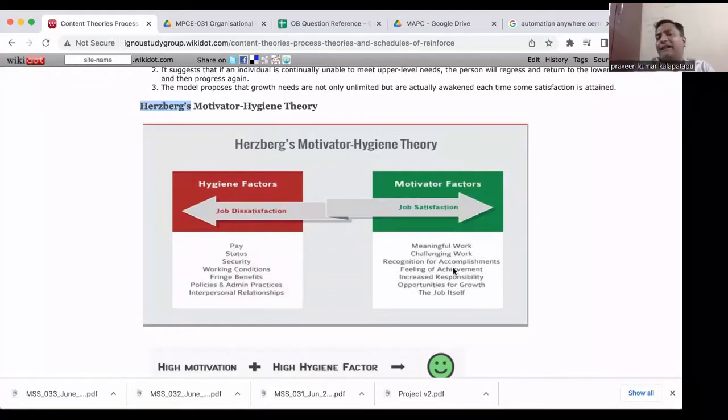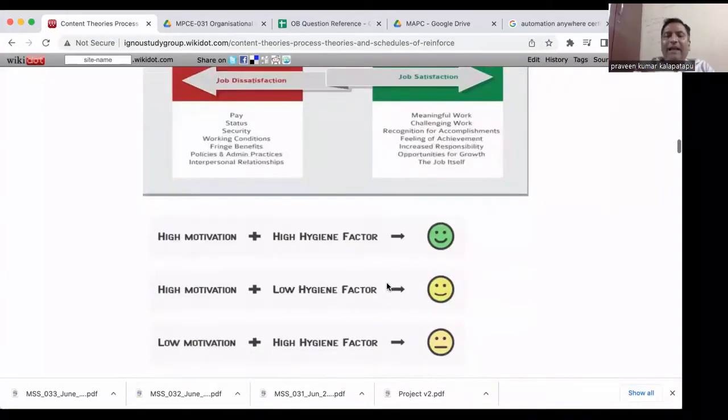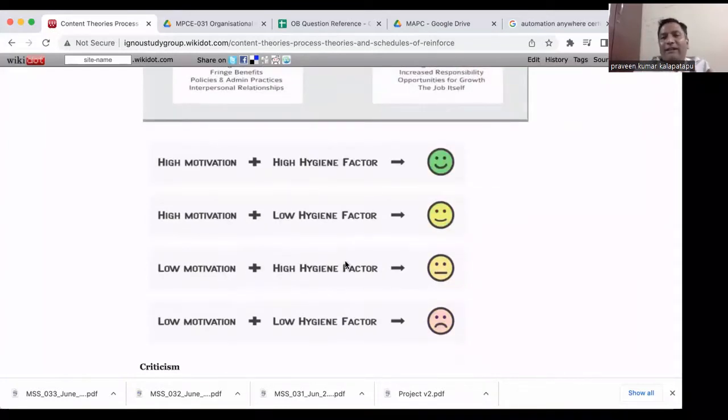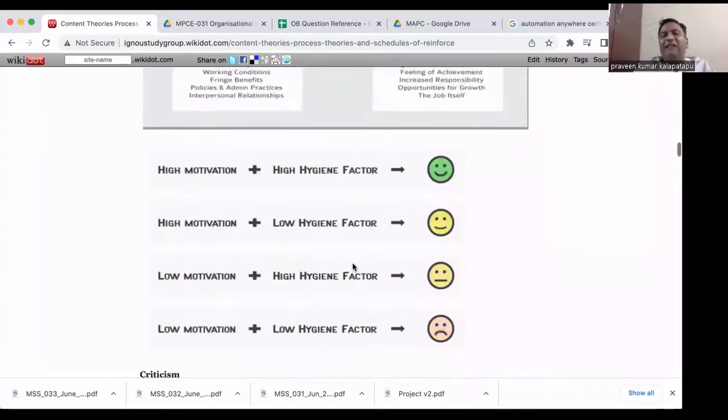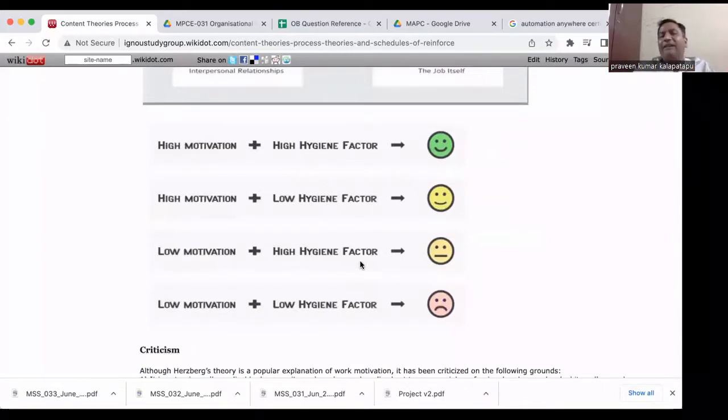These are the factors that could actually increase your motivation. So that's what it is, right? Net to net, what you are saying is if you have high motivation, plus you have high hygiene as well, then you are extremely satisfied. If you have high motivation but are a little bit low on hygiene factors, you're kind of okay, satisfied, but not that highly satisfied. If you have low motivation, that means you don't have opportunities, you don't have challenging work, etc., but your hygiene factor is very, very good, you are neutral.